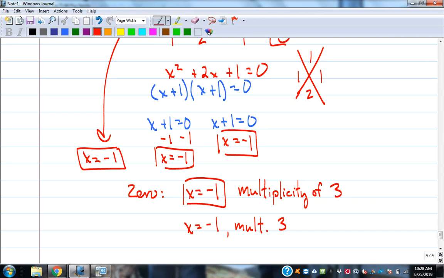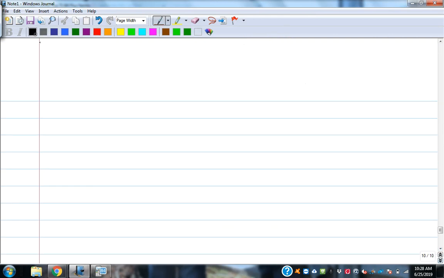All right, let's look at this one. Say our function is this, x to the third minus x squared plus x minus 3. That's our polynomial.